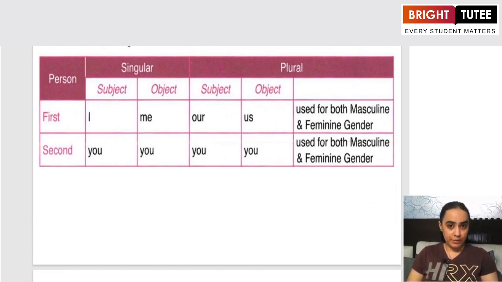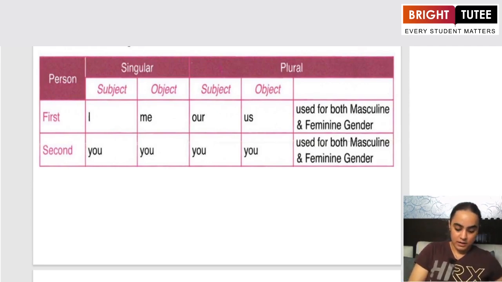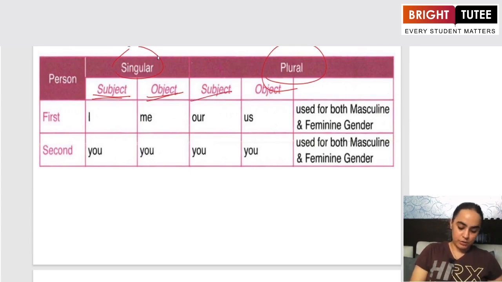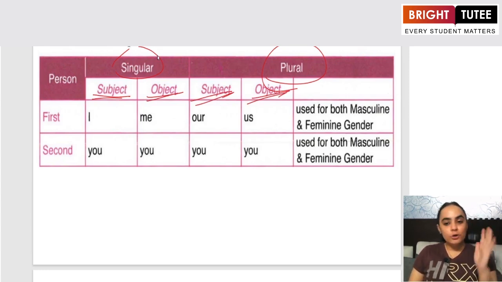Now, when we talk about pronouns, we know that my noun can either be singular or it will be plural. Yes? A singular pronoun can be used either in place of a subject or in place of an object. Similarly, the plural pronoun can either be used in place of a subject or in place of an object. We know by now what is a subject, what is an object.